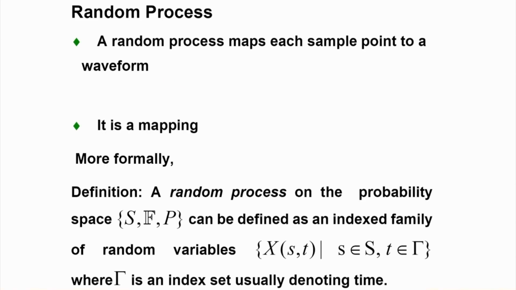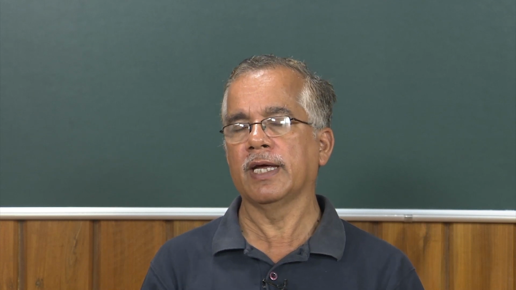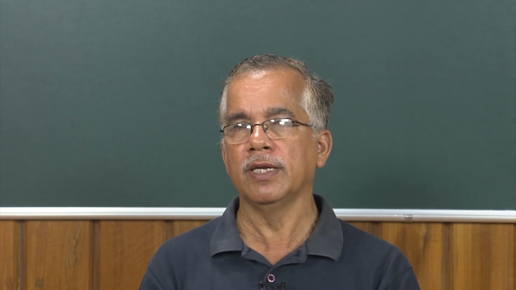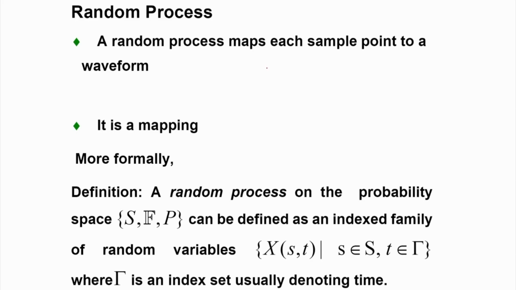So, we defined the random variable, joint random variable, then random vector. Now, we will define the random process. A random process maps each sample point to a waveform. Suppose we have a sample space like this, and this is a sample point. In the case of a random variable, it was mapped to a point on, suppose, the real line.